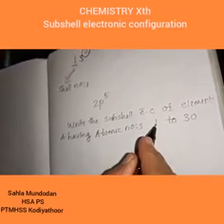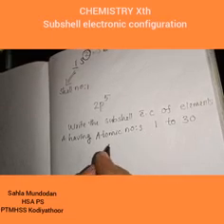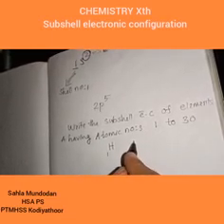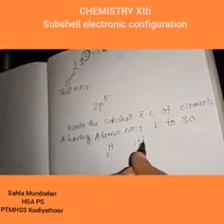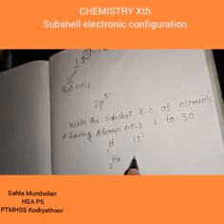Example, first atomic number, the element is hydrogen. Then its subshell electronic configuration is 1s1. If second element, that is helium, having atomic number 2, 1s2, like that.